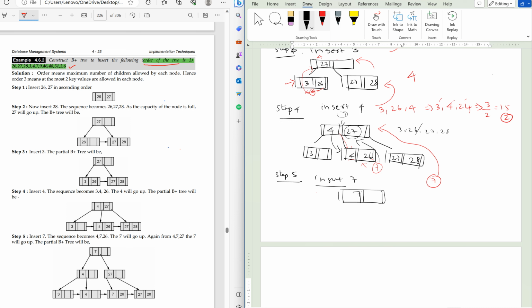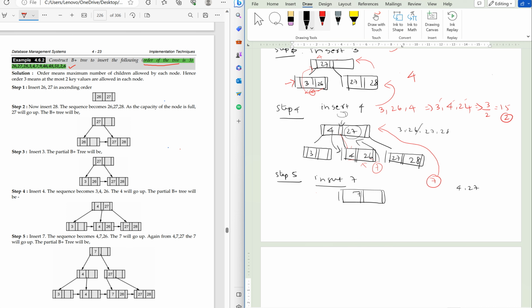Then here again all these values are there that we have to rearrange. So what are all the remaining values? 4, 27. So in the lower node we have 4 and 27. And one thing here, while inserting this, it's not able to accommodate here.